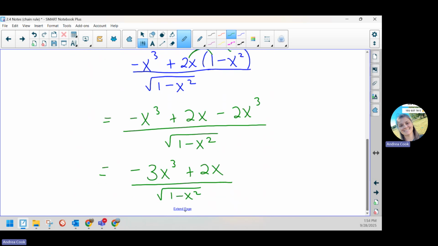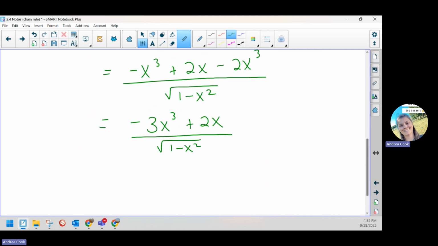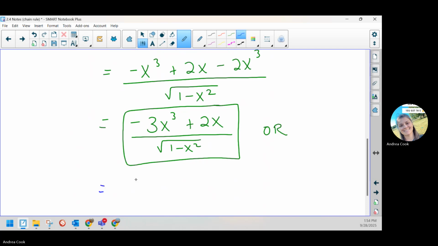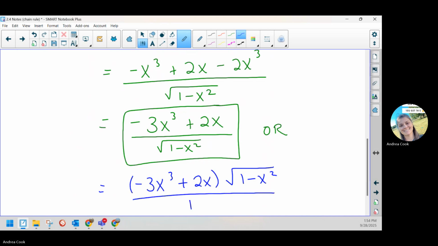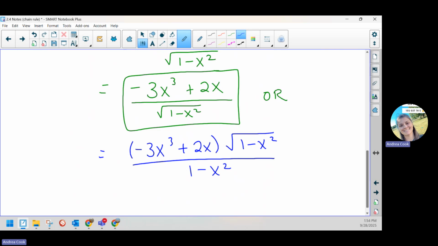Now, we could rationalize that denominator too. You can leave it like that, or if they had it rationalized, it would look like this. So that's what it would look like if we rationalized.